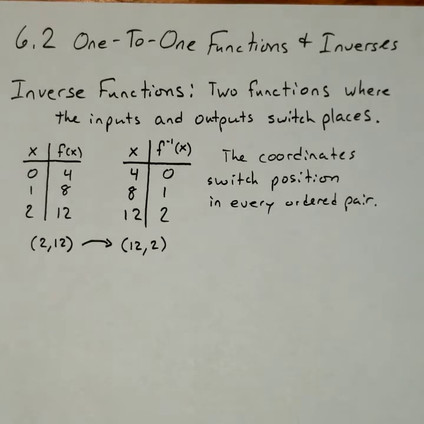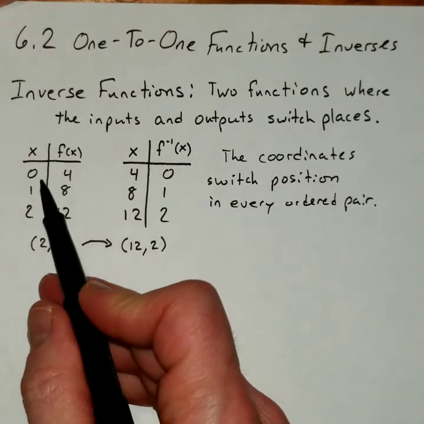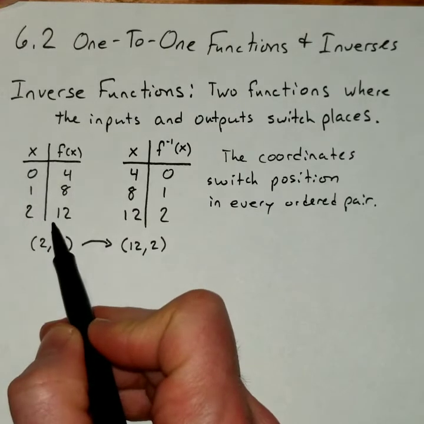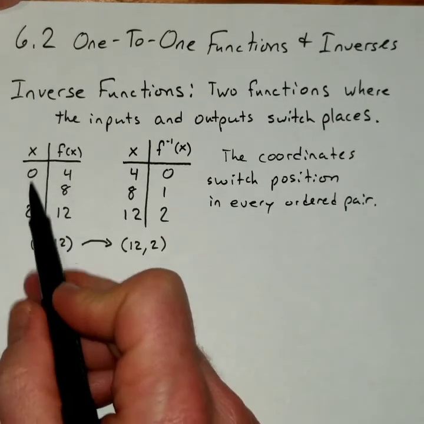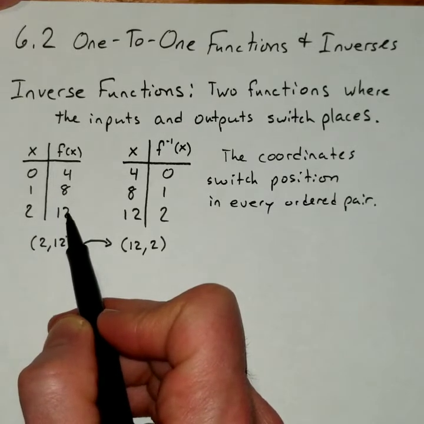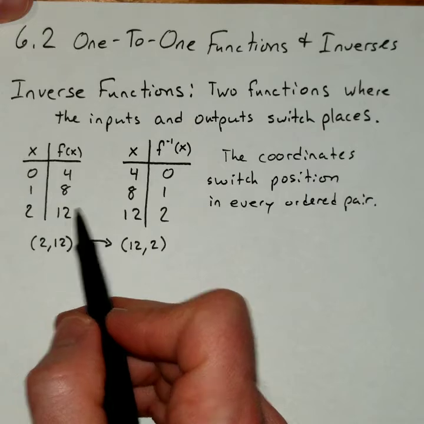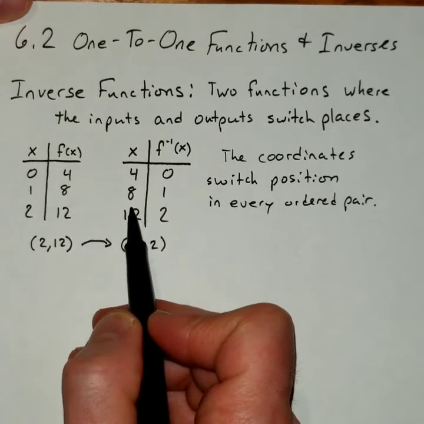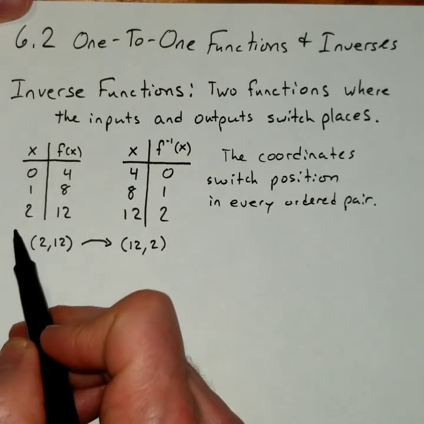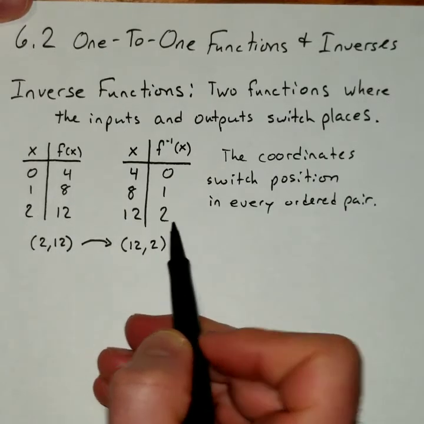Okay, so that being said, if you look at these two lists as the domain and the range of a function, remember, domain is the set of x's, the range is the set of y values, then they switch places in the other function, right? So the range of one becomes the domain of the other, the domain of one becomes the range of the other.